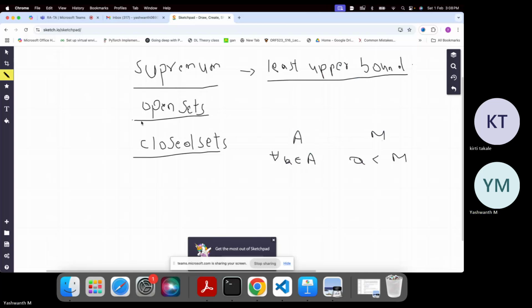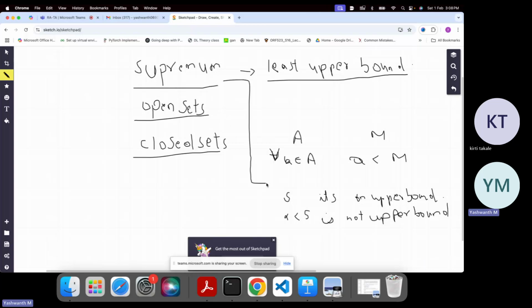And we call S, small s, the supremum if it's an upper bound, and any number alpha less than S is not an upper bound.